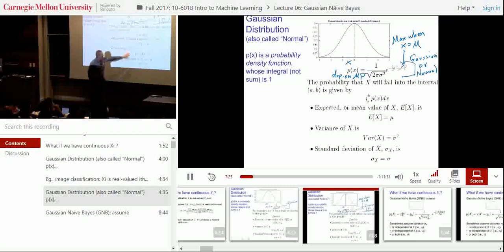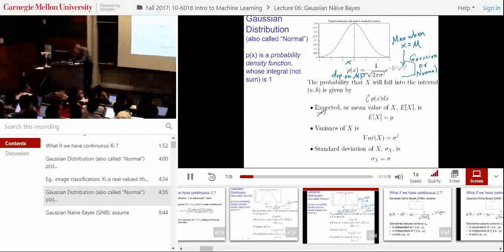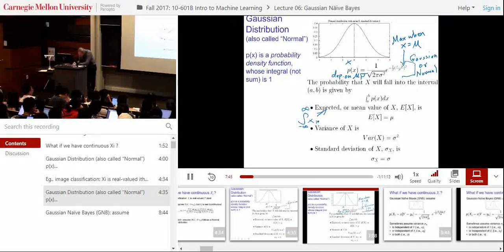And the variance of x, which we did define before, and you had it on homework 1, but I'll just remind you that the expected value of x is the integral from minus infinity to plus infinity of x times p of x dx.